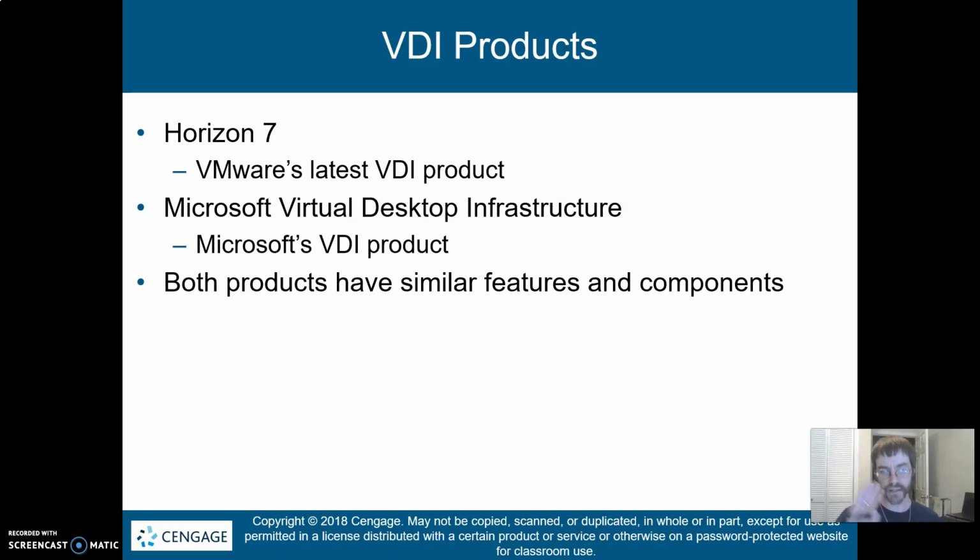The other option is the Microsoft Virtual Desktop Infrastructure using Hyper-V and Microsoft servers running Hyper-V, or directly configured Hyper-V servers, because you can either run Hyper-V as a Type 2 inside a server, or you can literally build out Hyper-V servers which function more like Type 1 ESXi hosts than, say, Hyper-V running inside Windows 10. Now, these two families of products have similar features, concepts, components.